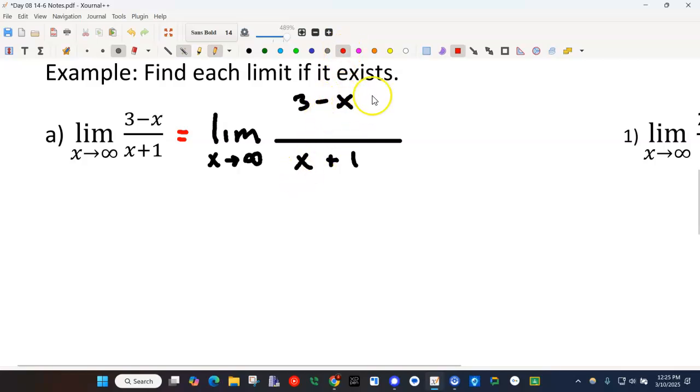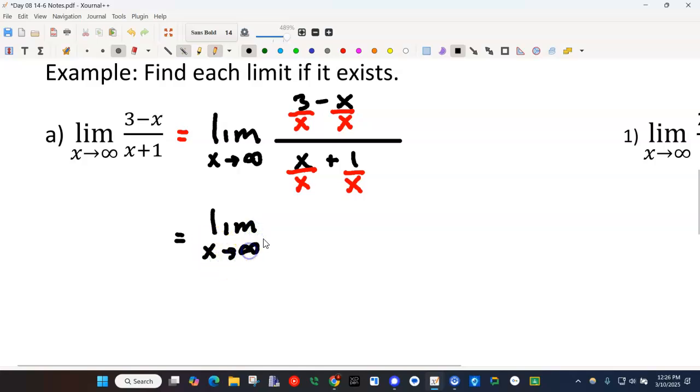In this case, it's 1, or just x, right? x to the 1 power, and divide everything by that. Right? So, and simplify.